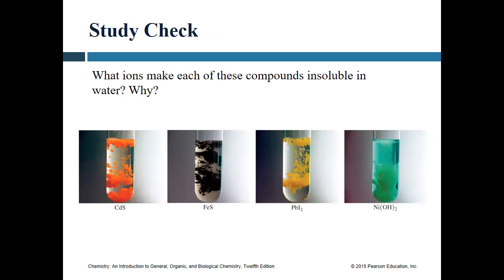And what it'll allow us to do is answer questions like these. If I'm looking at each of these, we can notice that there are solids forming in each one of these test tubes. Why are they forming? Well, this is where we can get into those solubility rules.